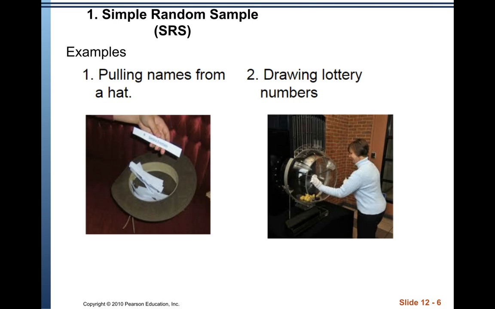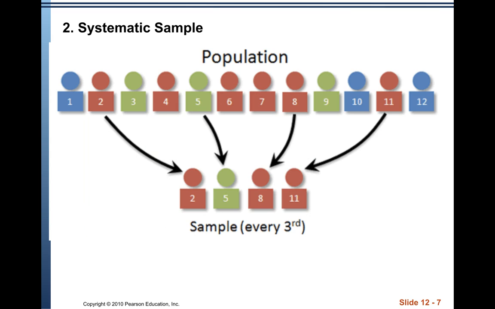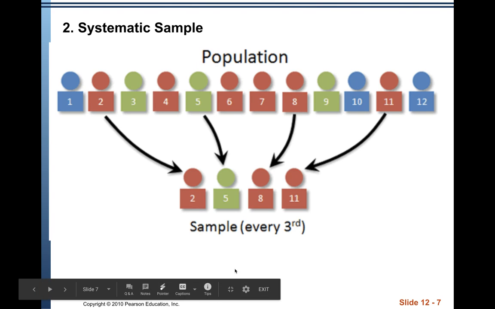That would be considered a simple random sample. Again, pretty self-explanatory. Okay. Another kind of popular sampling method is what we call a systematic sample. If you look at the word, systematic sounds like system. So here was a visual example where we have a population and the system used was to sample every third.